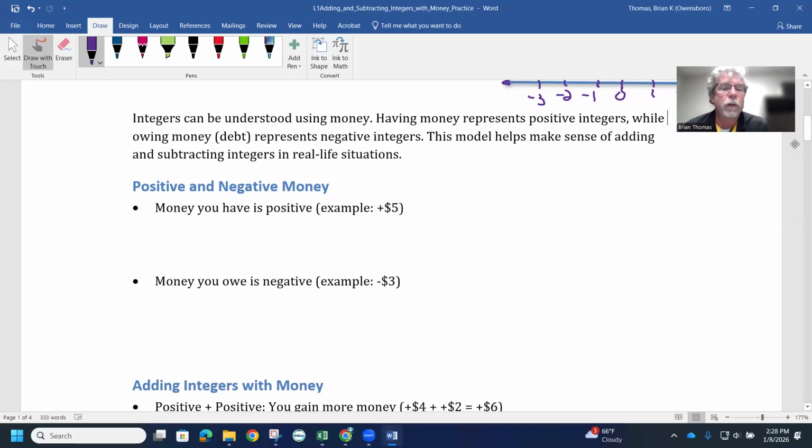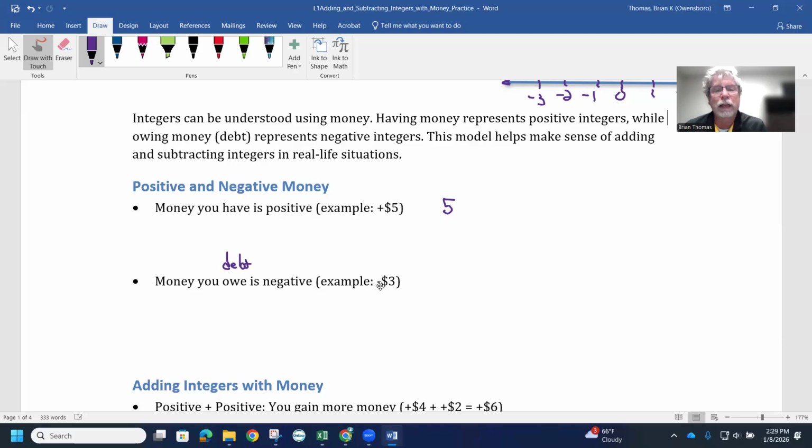So money that you have is going to be considered positive. So a +5. Typically we don't put the plus, we just write the symbol 5. So the symbol 5 for us means a +5. Meanwhile, money that you owe, or what we call debt, is going to be represented by a negative number.